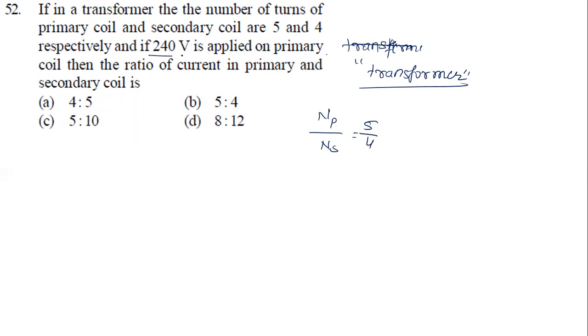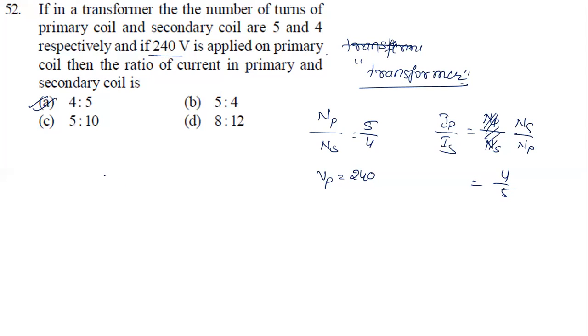If 240 volts is applied to the primary coil, so the primary voltage is 240. They are asking for the ratio of current in the primary to the secondary. That is given by the reciprocal of the turns ratio, NS by NP, which is 4 by 5, so it is 4:5.